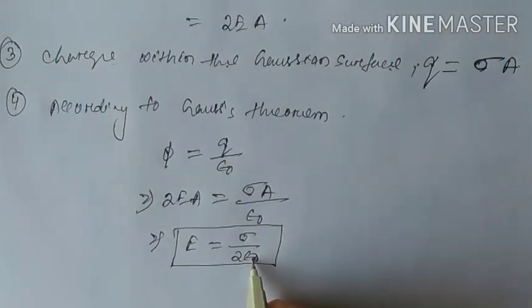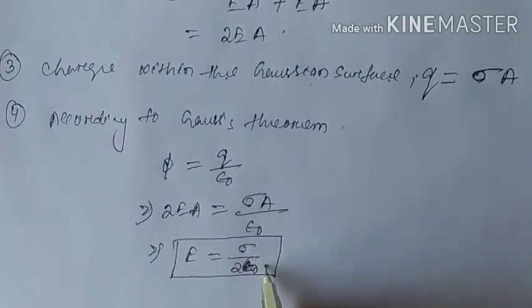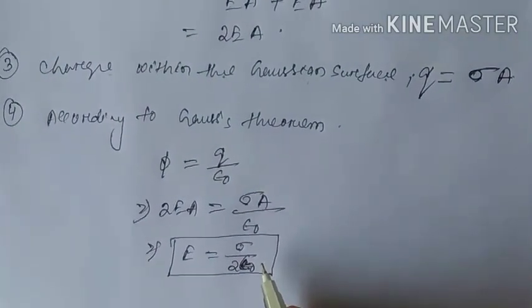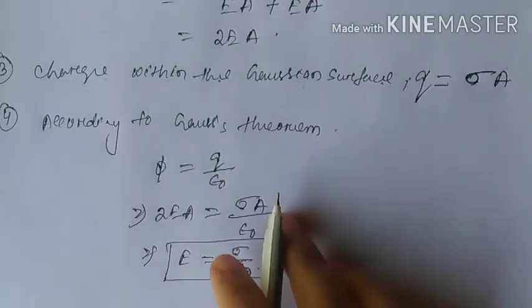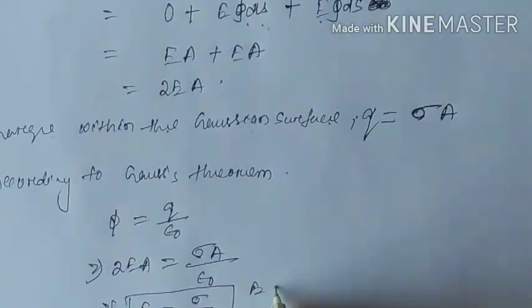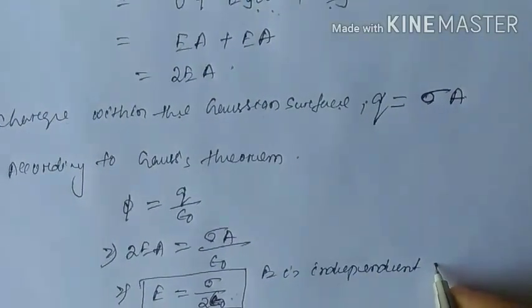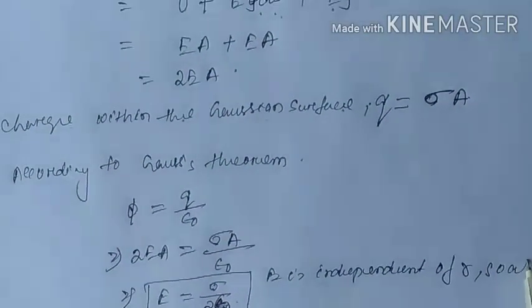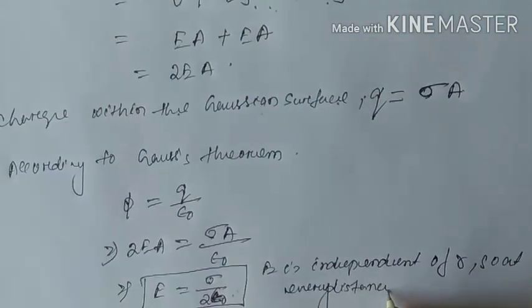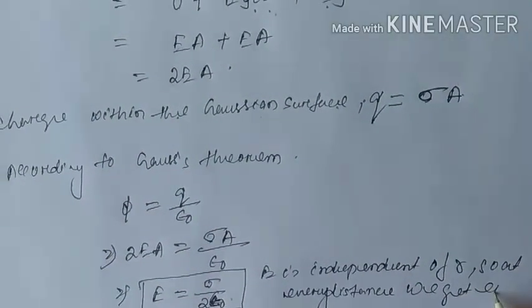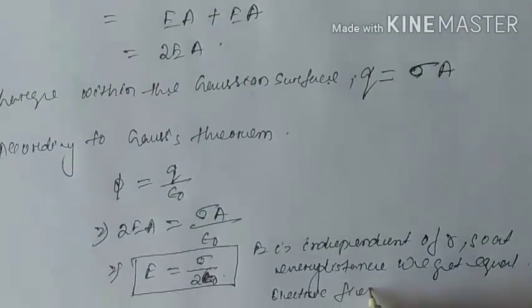So from here you can observe E is independent of r. Here the r term is not there. So at every distance we get equal electric field strength. E is independent of r, that's what you write here. So at every distance we get equal electric field strength.